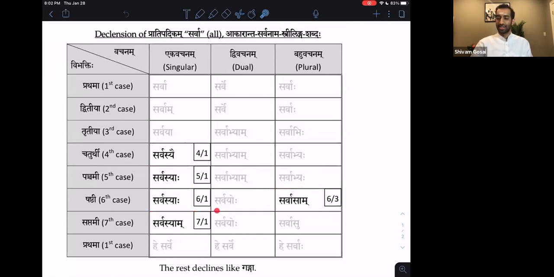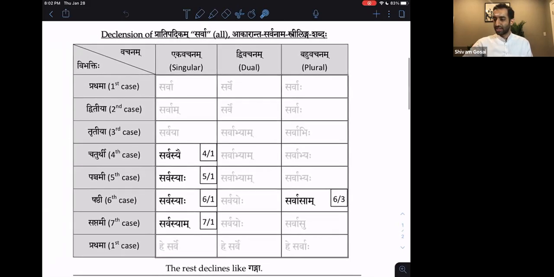Sarvasyaha, sarvayoho, sarvasam. Sarvasyam, sarvayoho, sarvasu. He sarve, he sarve, he sarvaha.